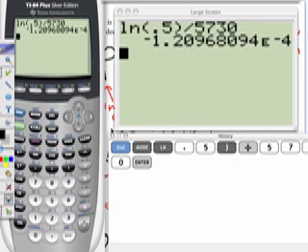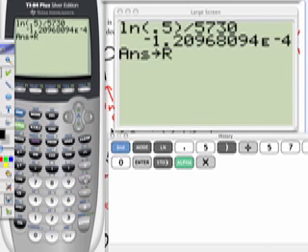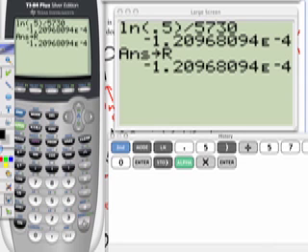Okay. It gives us this number. Now, remember the E, the -4 would be the decimal point before place the button. If we hit the store button, we can cause our calculator to store this number. So we're going to go store, and let's see, we're calling it R. So let's go alpha R. So now, after we press enter, anytime we type in R, it's going to correspond to this number.